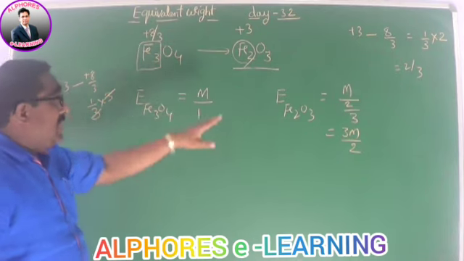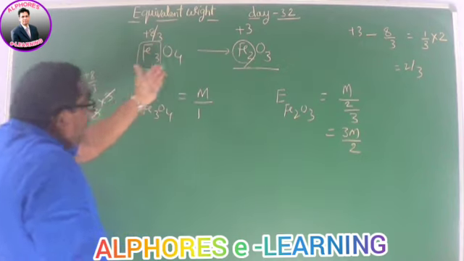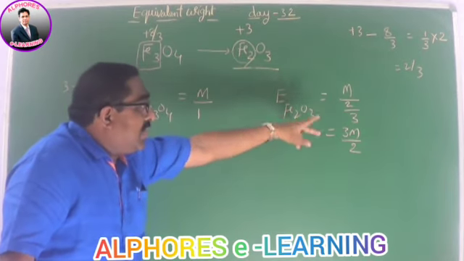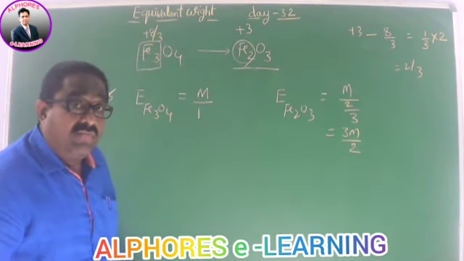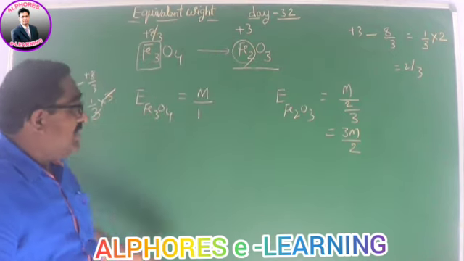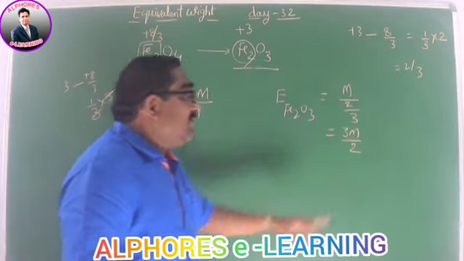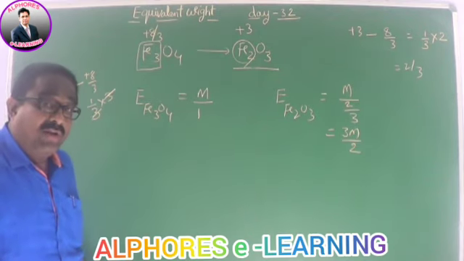Whereas in the same reaction, the N factor for Fe2O3, you have to consider from this to this, and only 2 atoms, so it becomes 2/3. So in such a case, the equivalent mass of Fe2O3 you should express as formula mass, that is molar mass, divided by the N factor 2/3, so 3M/2.